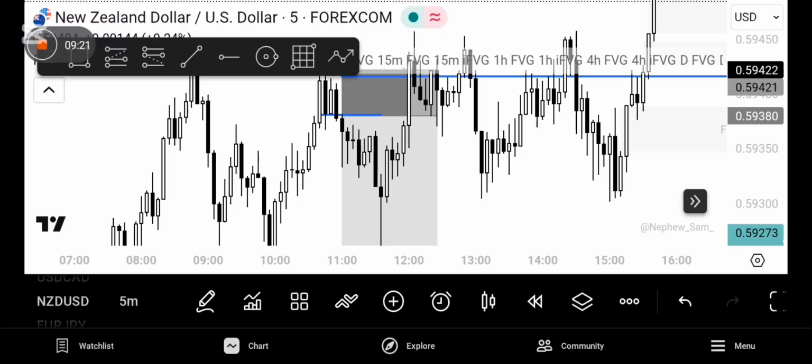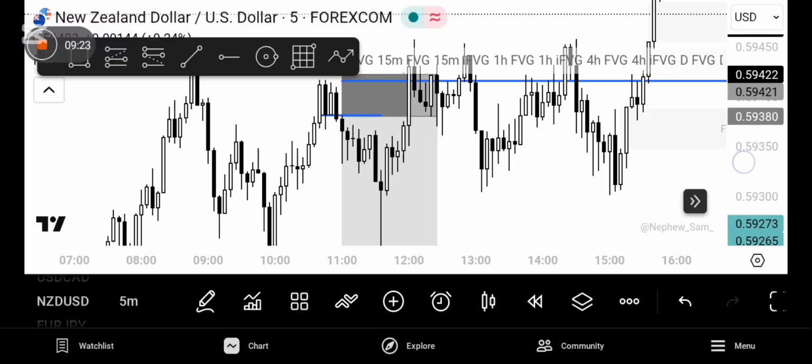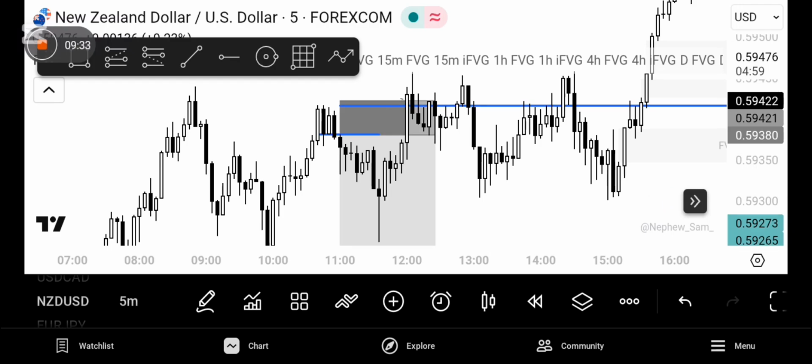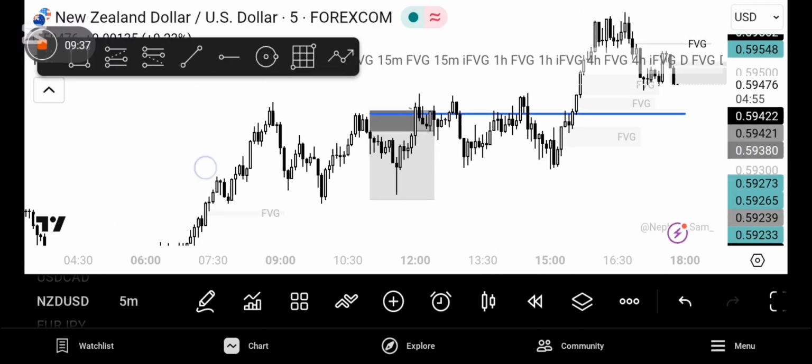Then I was like, okay, there's no need to wait, because I saw that market already came to my take profit area. Then I left it. In fact, thankfully I left that trade, because else I would have been stopped out, right? That's easy. I would have been stopped out.